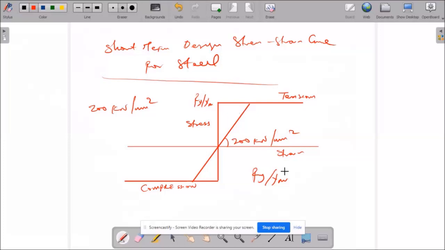We consider it as 0.87. So here also, Fy is given as 460 Newton per millimeter square.